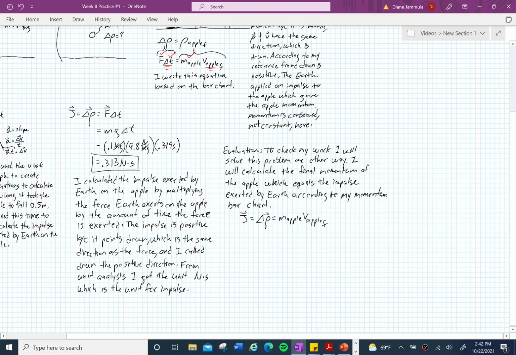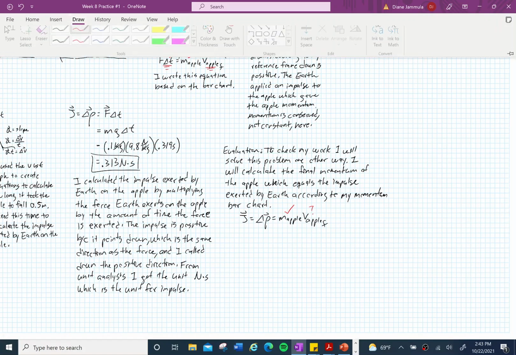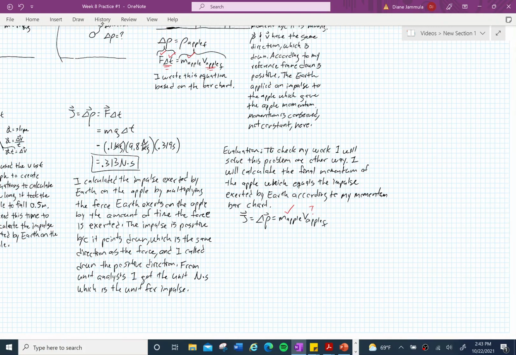Okay, so all I need is the mass of the apple and the final velocity of the apple to double check this. So let's see what I've got here and how I can do that. I know the mass of this apple. I need to find out what's the velocity of the apple when the displacement is 0.5 meters.